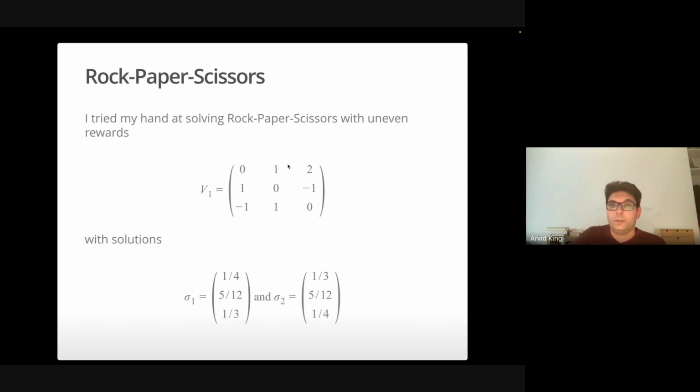But if you make your payout matrix slightly imbalanced, so here I have that you get a payout of 2 when you play rock and win, then the best way for player 1 and player 2 to play is not the absolute symmetry point, but rather slightly offset. It becomes slightly counterintuitive that your best action doesn't always have to be played the most often, because your opponent would know that, and you can often get away with playing your best action less often. The average utility is roughly the same.